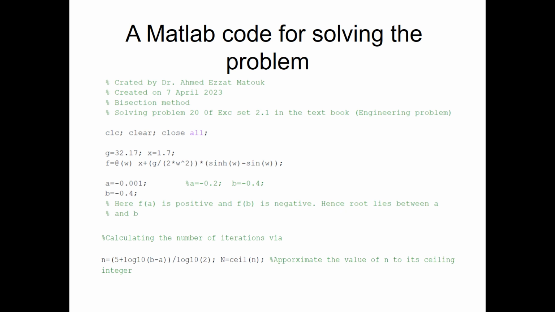This is the condition we have derived before, and we will put the ceiling of n small, which is n capital, to obtain the minimum integer. n capital is the minimum integer which is not less than n small, the ceiling function.